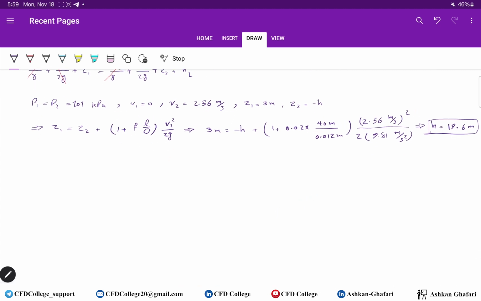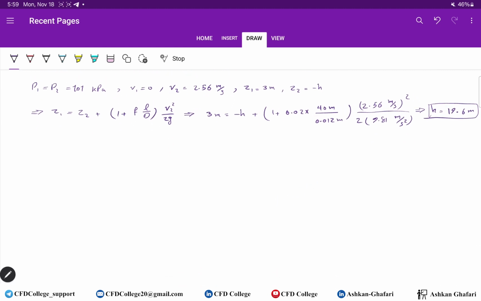So here, now we know that if we have cavitation at point 3, which is the critical point with lower pressure in our system, the velocity in the pipe is 2.56 and the maximum H is 19.6 meters.